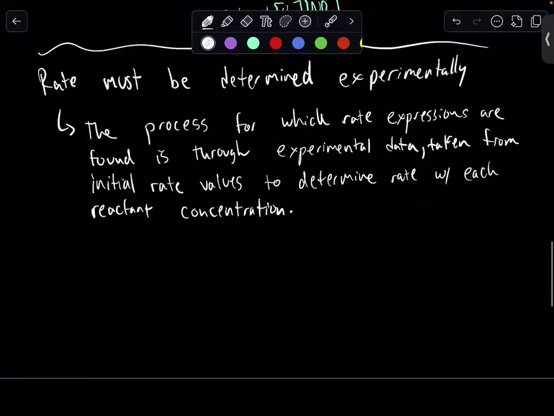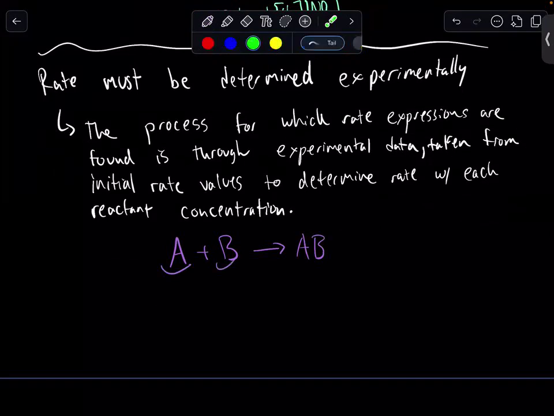Well, basically it means we do a bunch of experiments and we only, for example, in our A plus B becomes AB, we would find the rate of some concentration of A, some concentration of B, then we would double the amount of A and find the rate again. And then we triple the amount of A and find the rate again and see what effect it has.